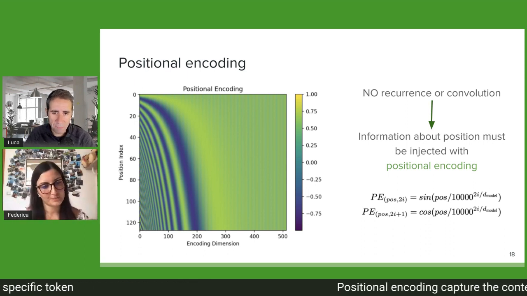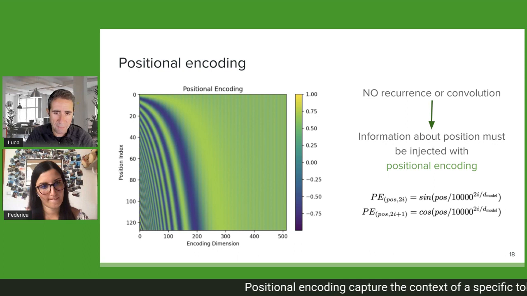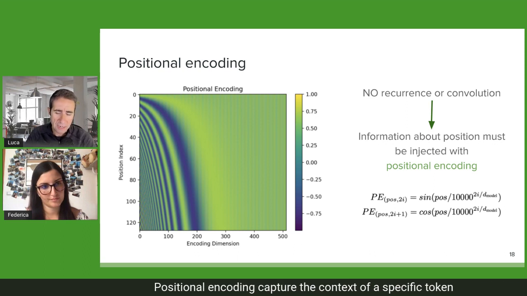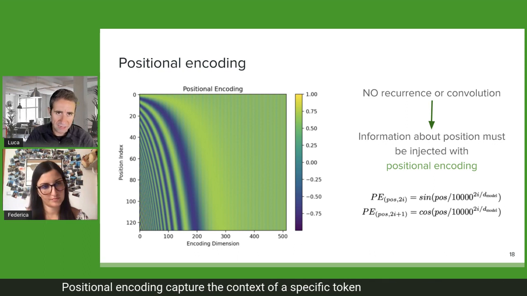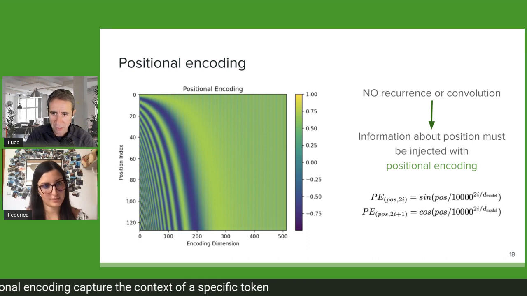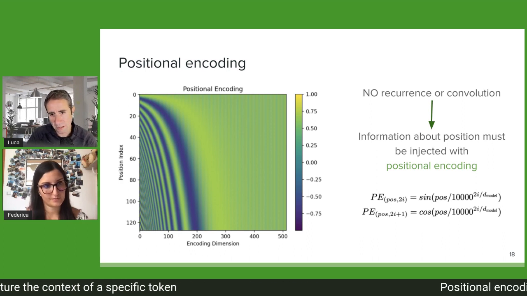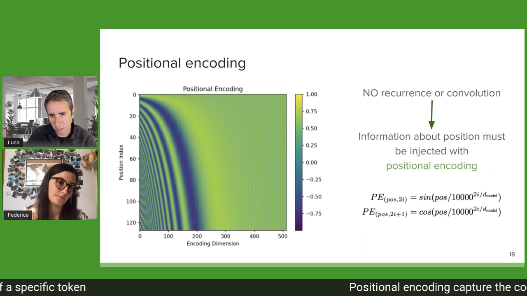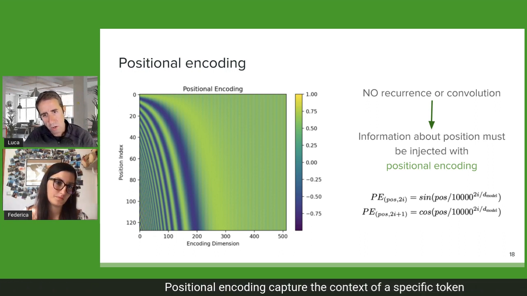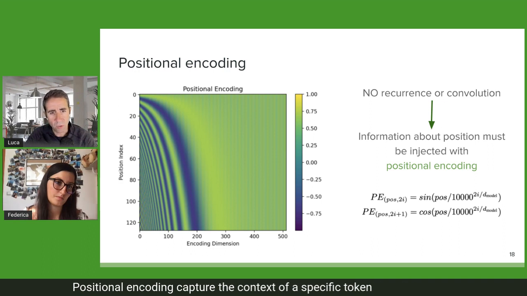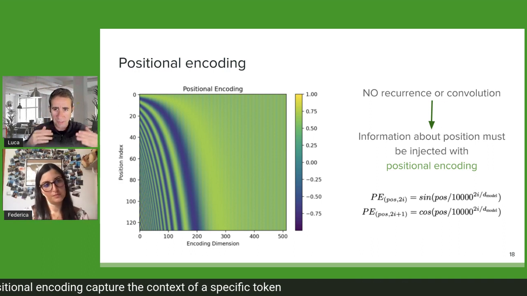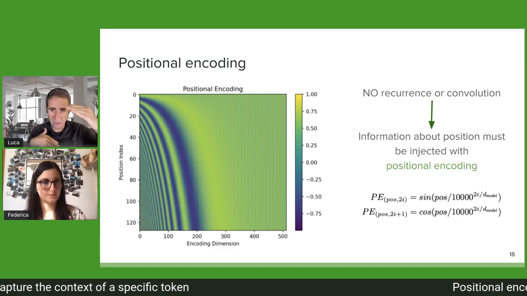So in this example, the encoding dimension is the size of the input vector, right? So the embedding vector. Yes. And then the position index, which is 125 dimensions wide, represents essentially the context, the amplitude of the context, right?